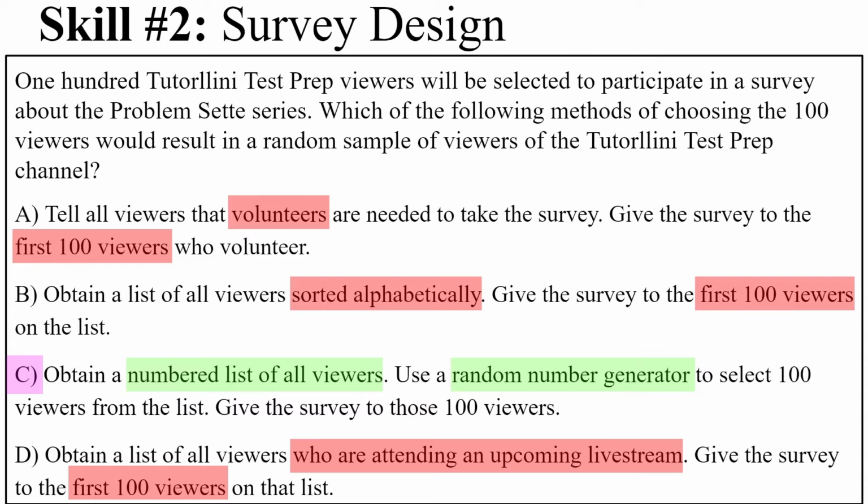So we don't want to just pick people at the live stream, just like we don't want to pick people at the post office or the ice cream store or a restaurant. It's not representative of the population we want to reach. We want to reach all viewers. And C is the only one that's going to do that and do so randomly.